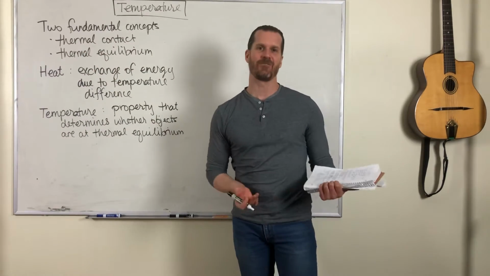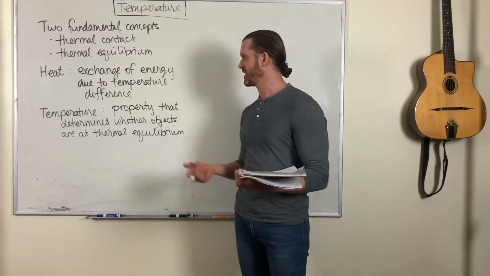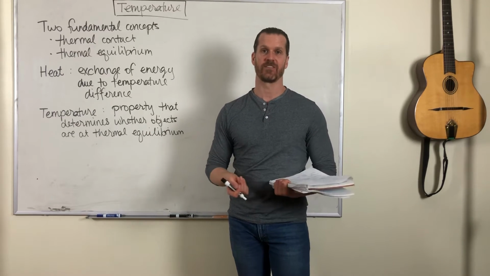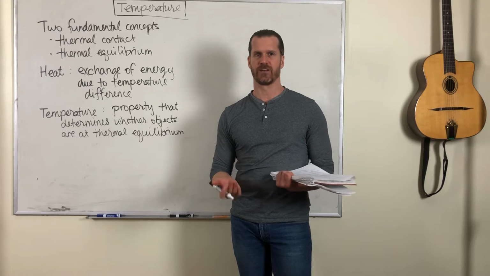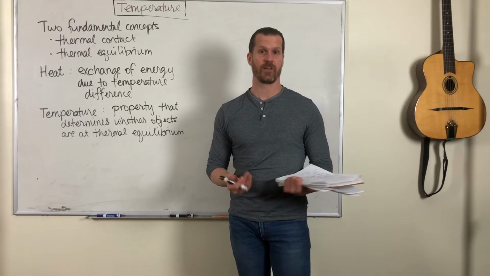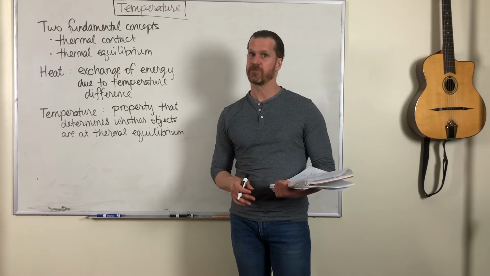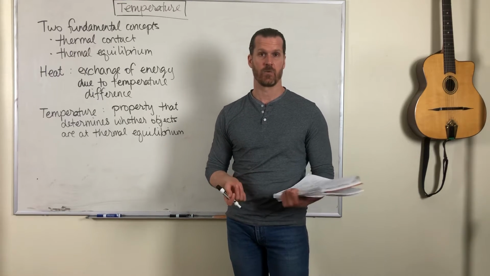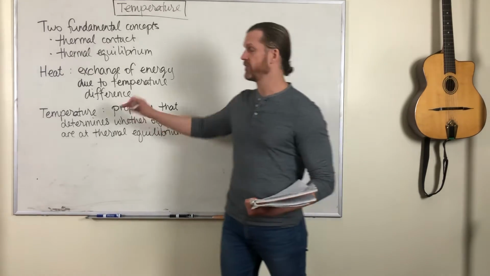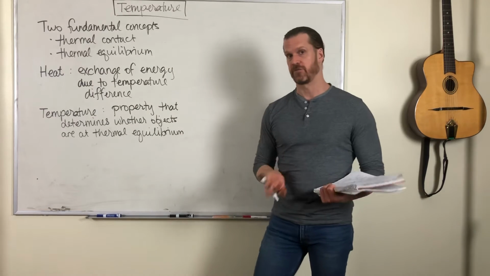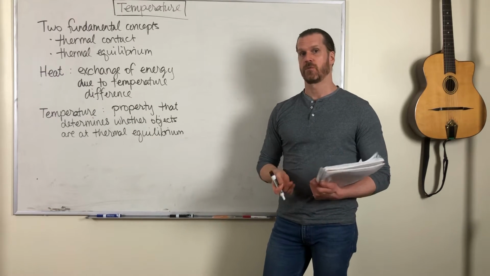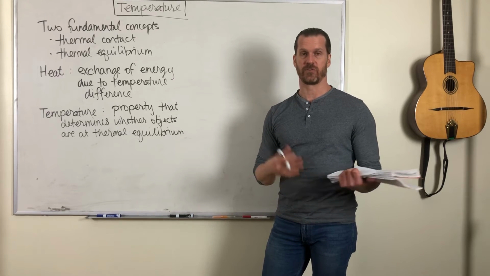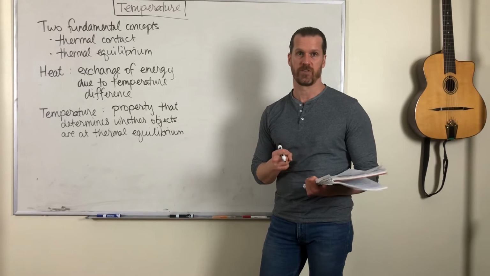So in everyday life, you're probably used to thinking of temperature as measuring how hot or cold something is. But hot and cold are kind of human concepts. They're not really absolute concepts that you can define in any real precise physics kind of way. So with this definition of temperature, it actually becomes more precise. We say that temperature tells you whether objects are going to exchange energy with one another.